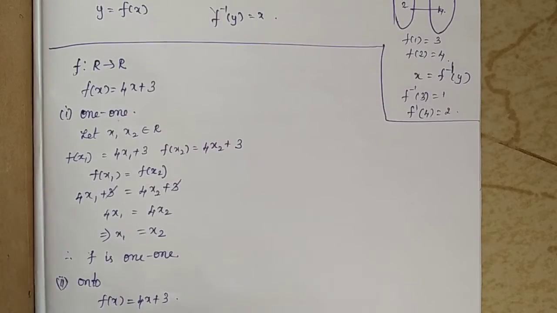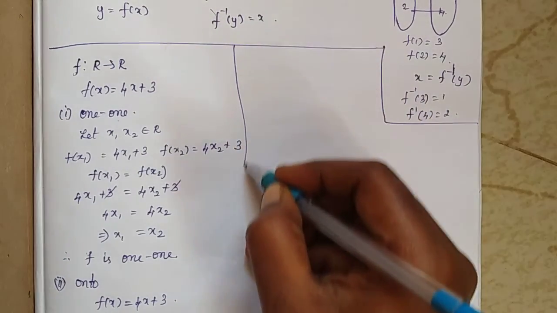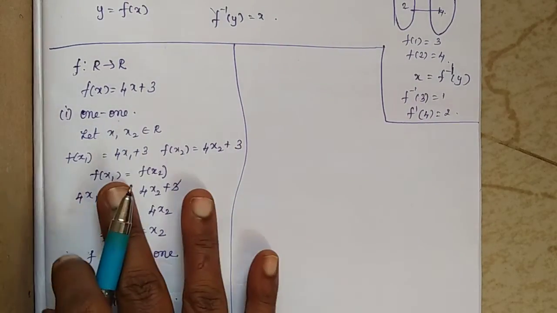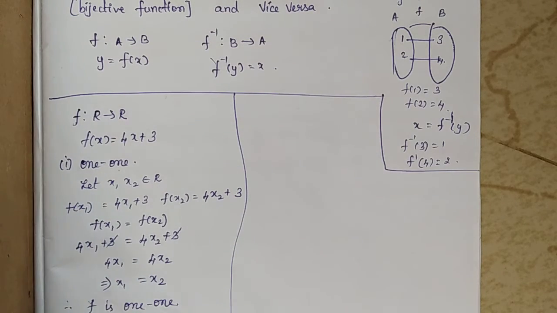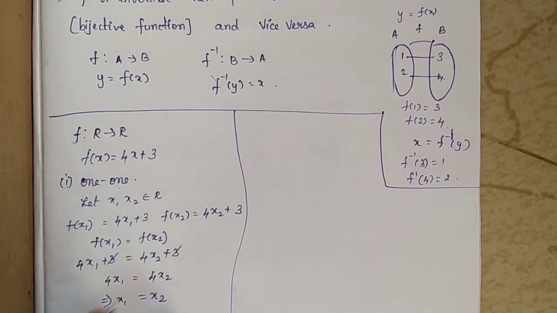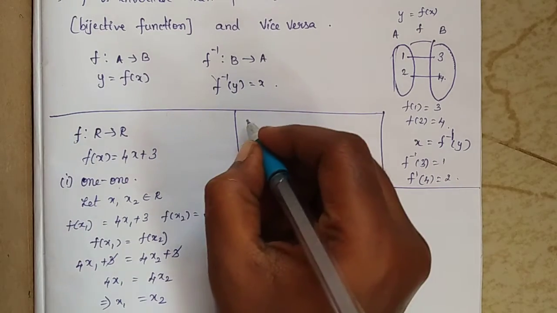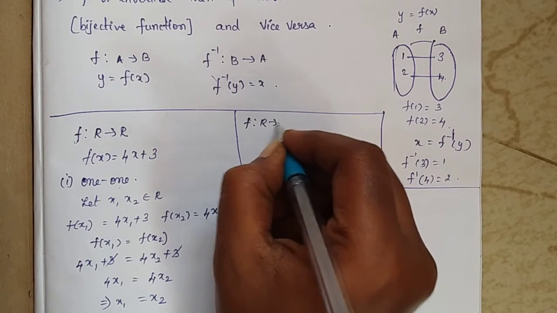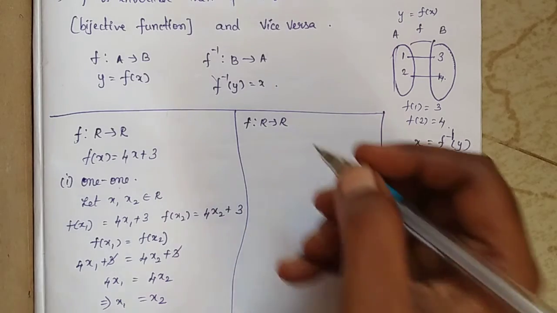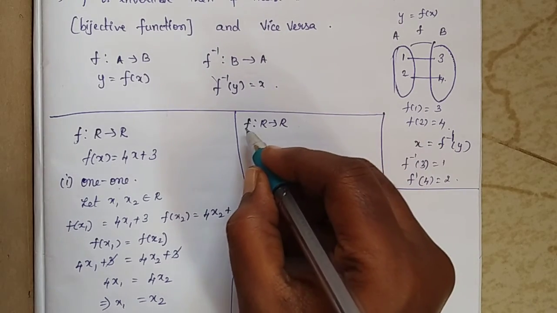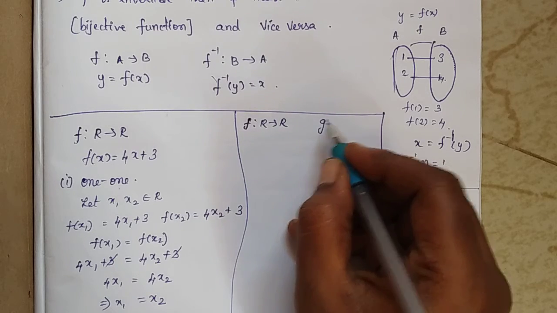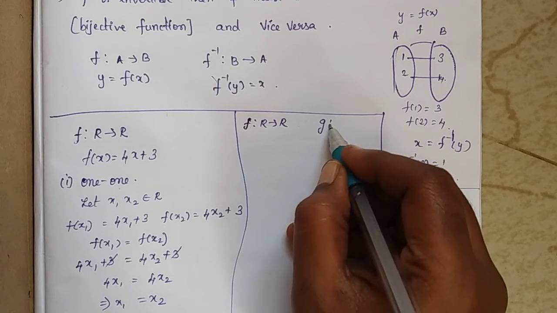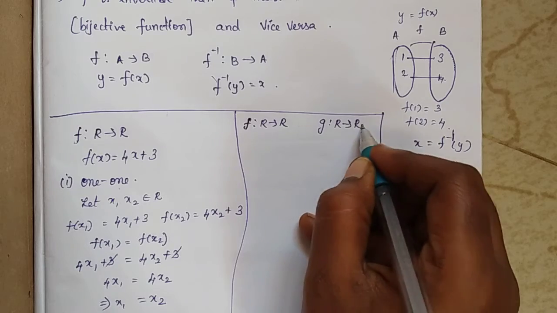Now the same thing we will do by the composition of functions also. Now f is a function from R to R. F is a function, so the inverse of the function will be g, that is again from R to R only.